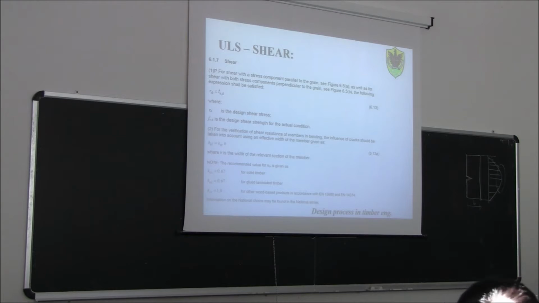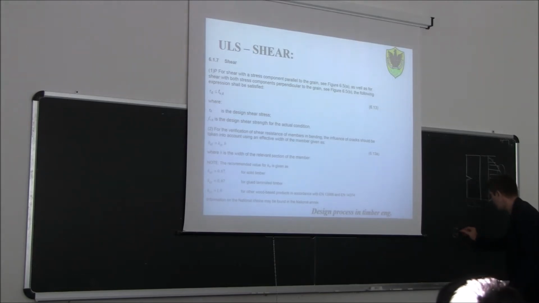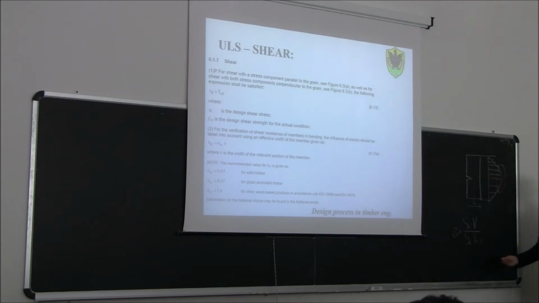Well, just remember the Jourawski formula: tau equal to S times V divided by J times B. So if here you have a variable B, then B is going to reduce and tau is going to increase.